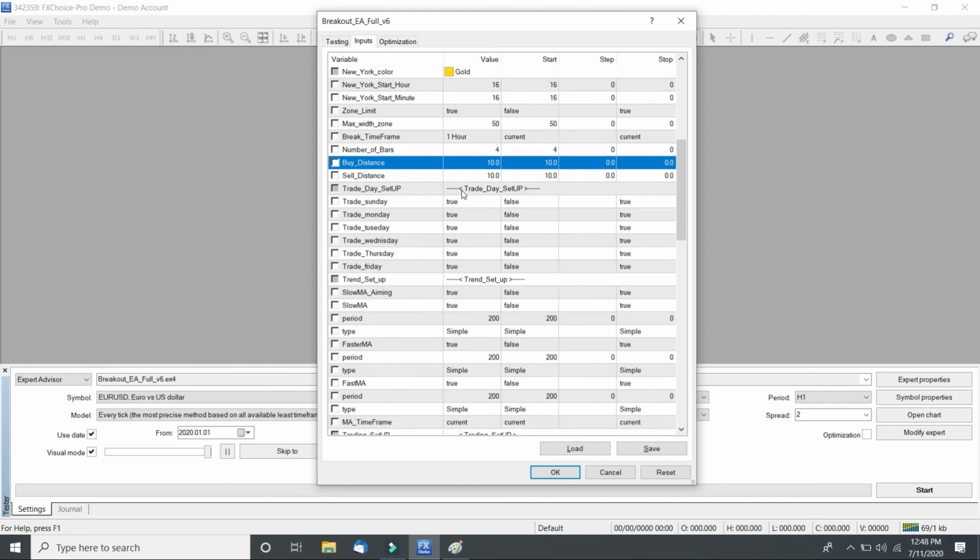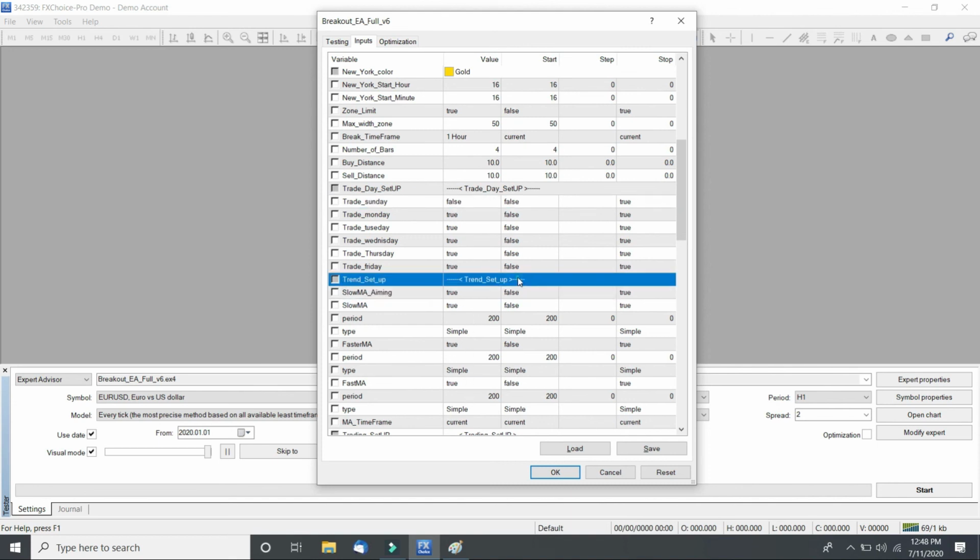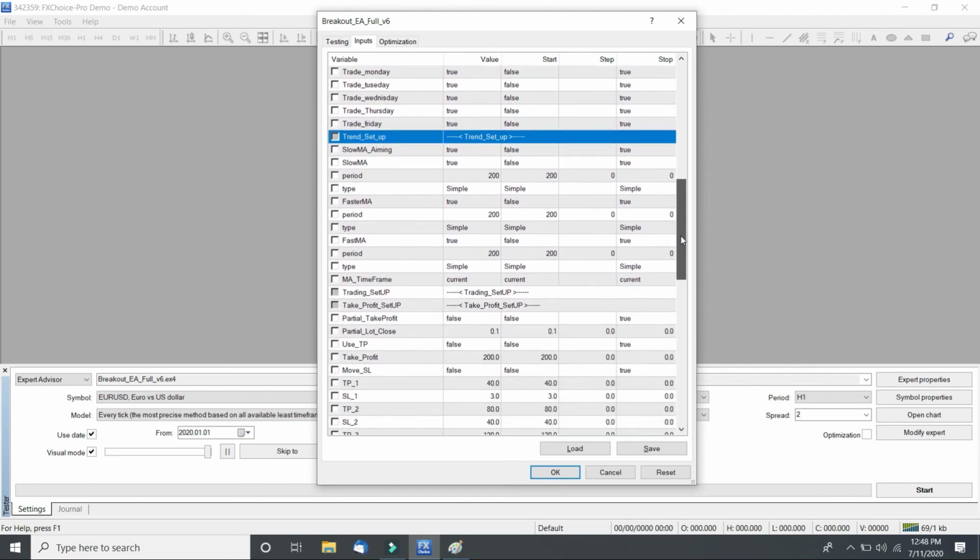What days do you want to trade? Any day you don't want to trade, you can turn off. Now, this is a trend setup right here. This is one of my favorite functions on this EA because this will determine how good the trade will be.